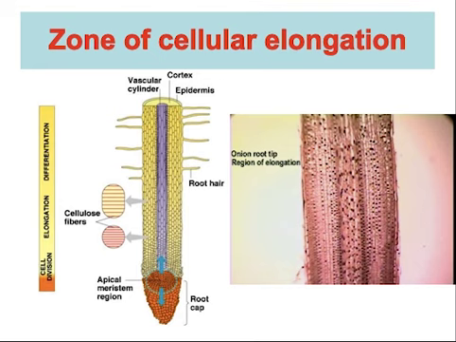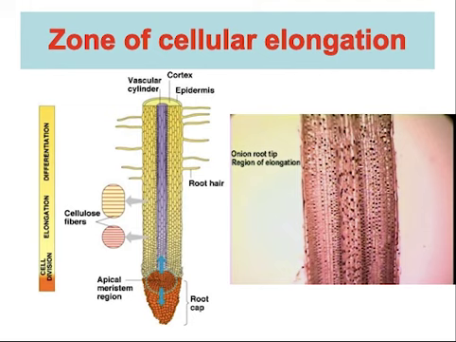This zone is easily distinguished from the root cap and zone of cellular division by its long vacuolate cells. So cellular elongation in the elongating zone pushes the root cap and apical meristem through the soil at a rate as high as 4 cm per day.